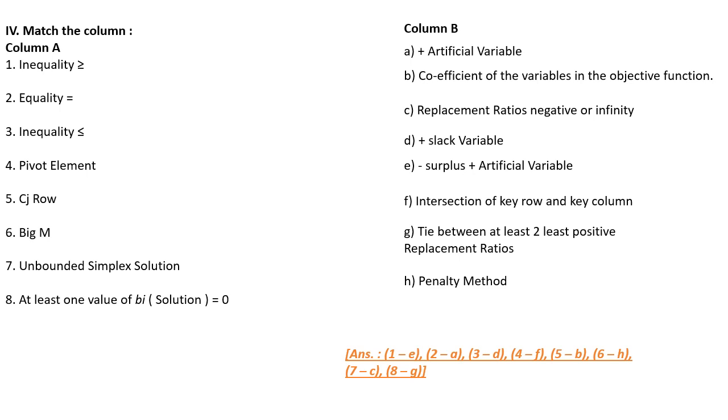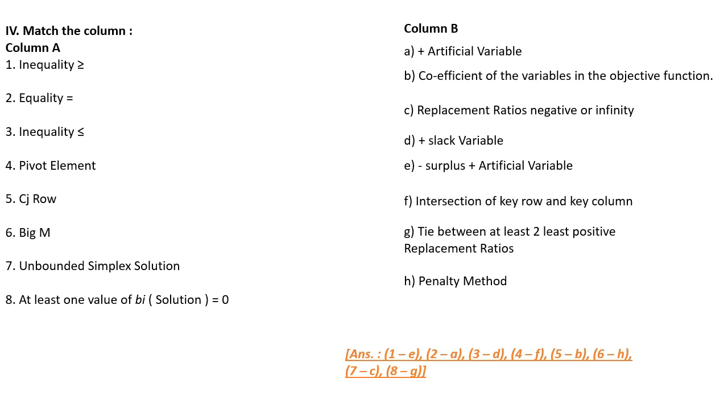Fourth, pivot element. Correct answer option F, intersection of key row and key column. Fifth, Cj row. Correct answer option B, coefficient of the variable in the objective function. Sixth, big M. Correct answer option H, penalty method.